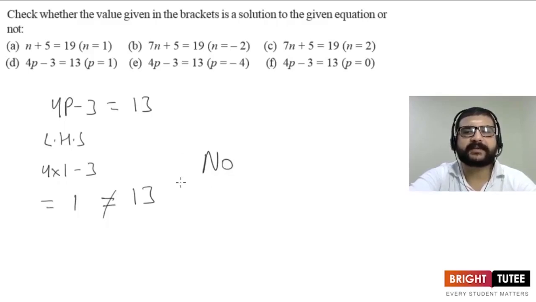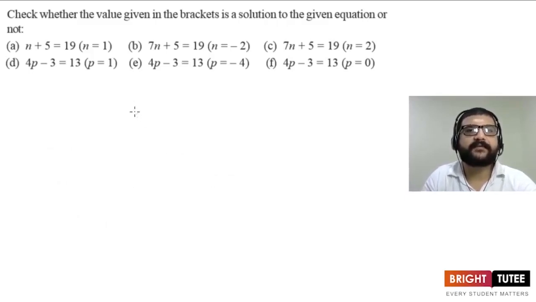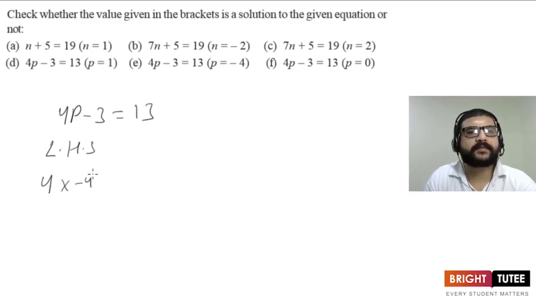Now let's see the fifth equation here. It is 4p minus 3, the same equation, is equal to 13. Now the value of p is given as minus 4 this time. Let's simplify the LHS first. 4 into p, which is 4 into minus 4 minus 3. 4 into minus 4 gives us minus 16.